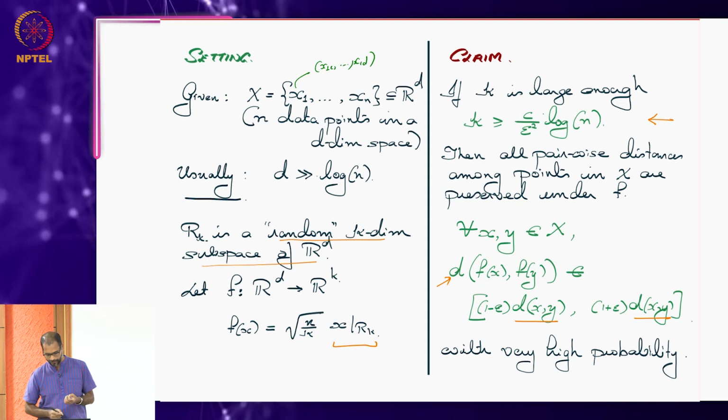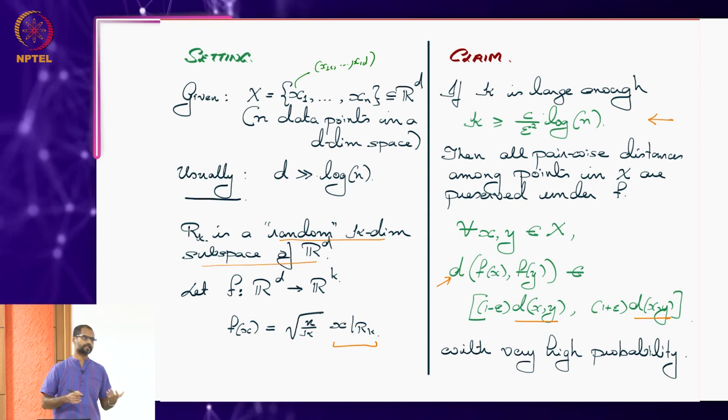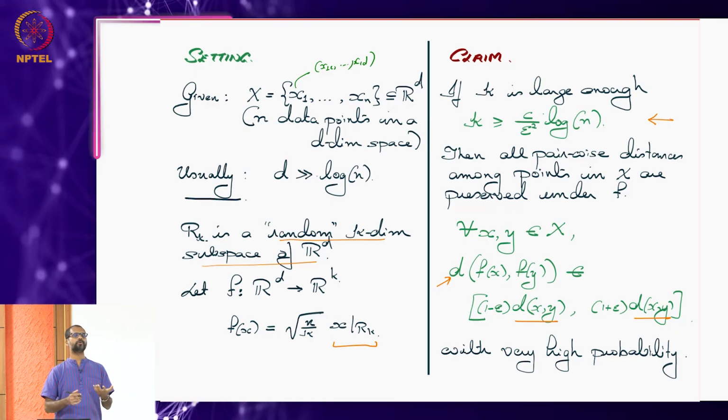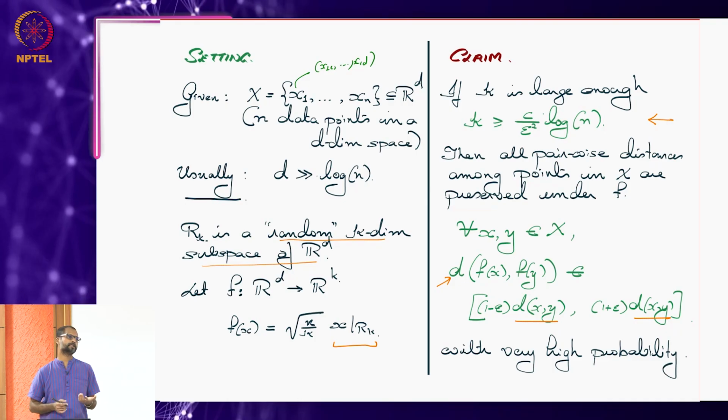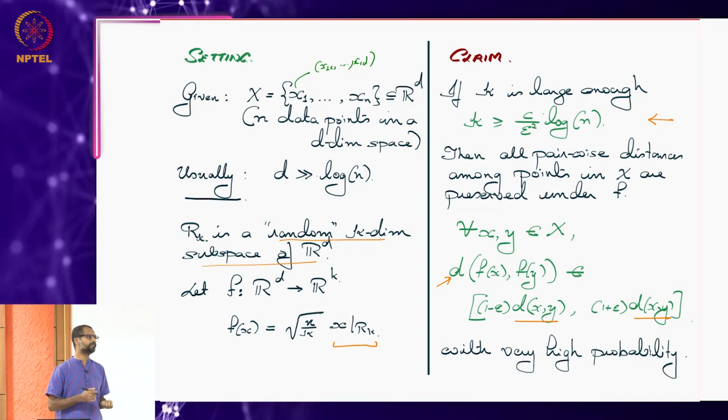So let me repeat, what is the guarantee that Johnson-Lindenstrauss lemma gives you? You select a k-dimensional subspace at random. You don't have to do all those beautiful things you did with SVD.